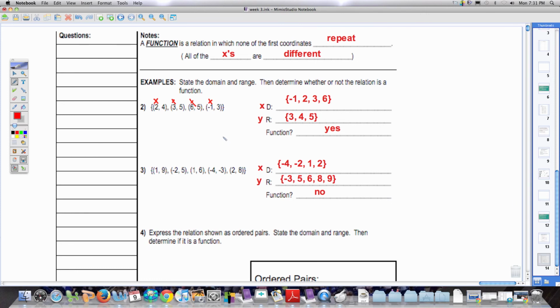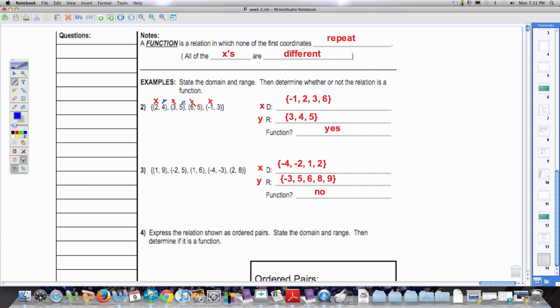Make sure you put it in order from least to greatest or greatest to least. The way I like to do it is least to greatest. The smallest is -1, and then 2, 3, and 6. Put your brackets and put those numbers in. That's your domain. Again, domain is x.